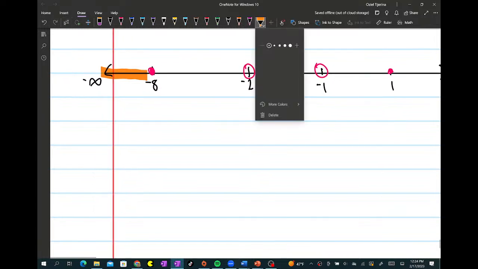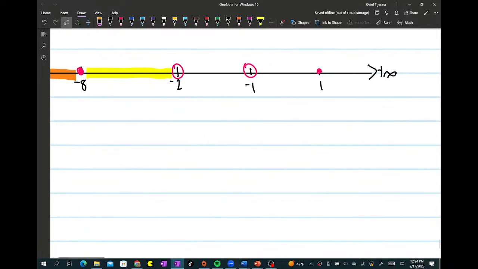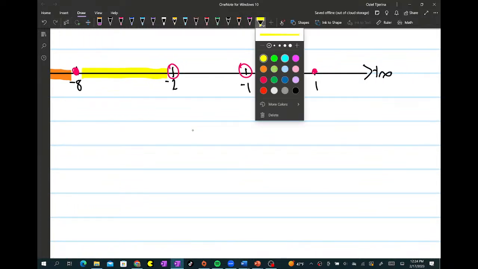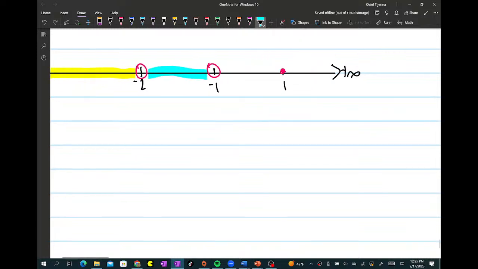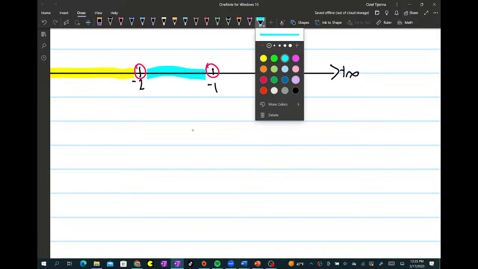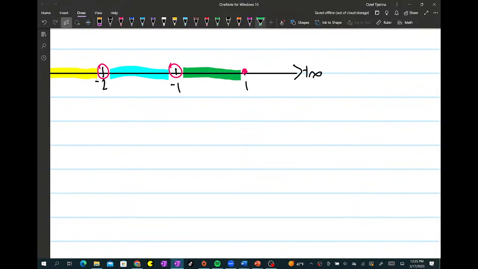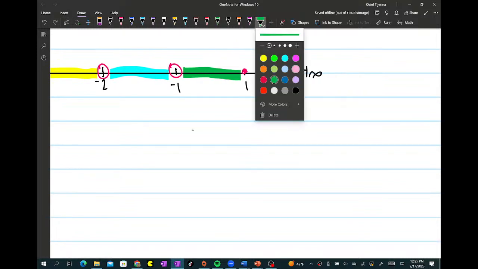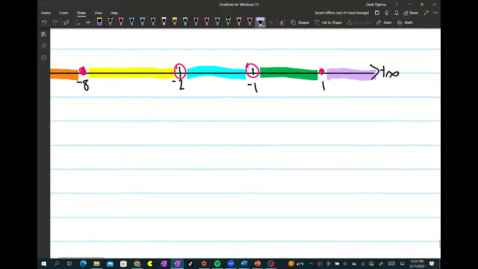You want to go from there to there, and then you have from negative 8 to negative 2, and then from negative 2 to negative 1, and then from negative 1 to 1, and then finally from 1 to infinity.